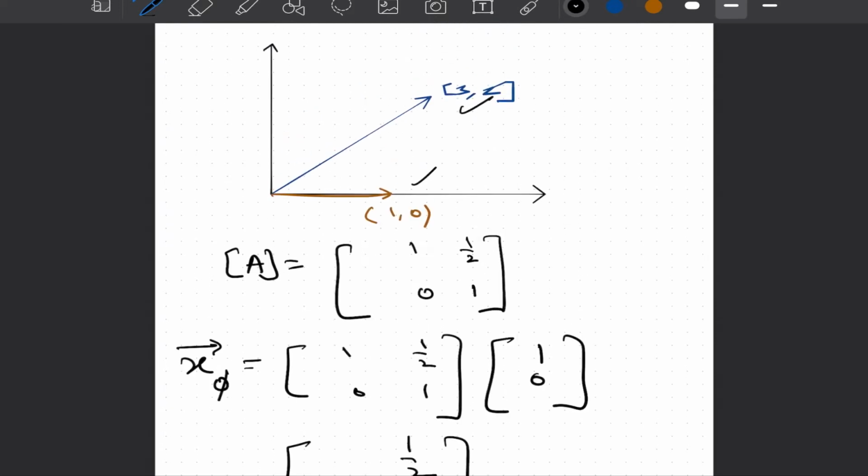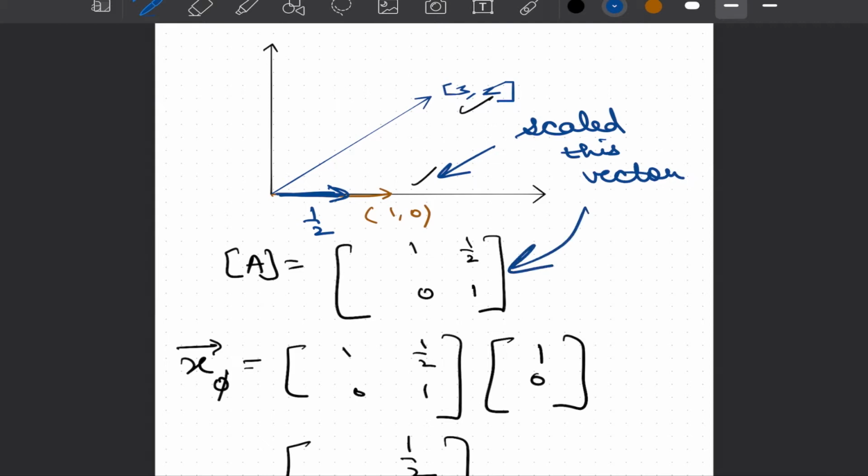That means we have shrunk this particular vector by a magnitude of 1 by 2. So we have simply scaled this vector when multiplying it by this specific A.